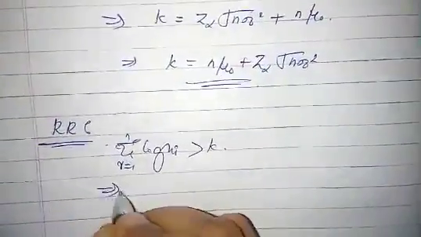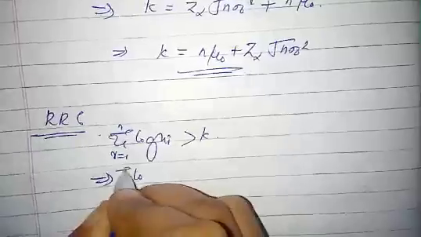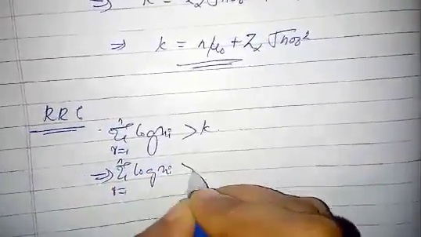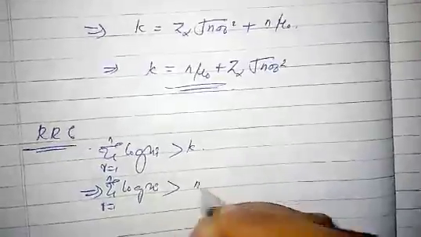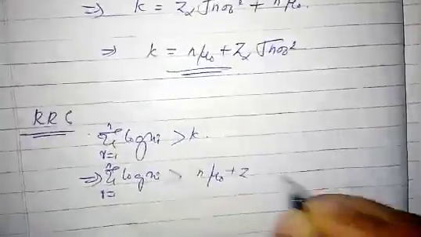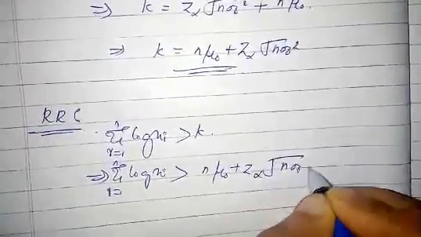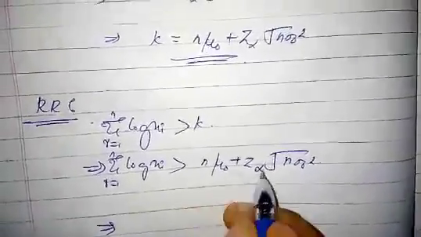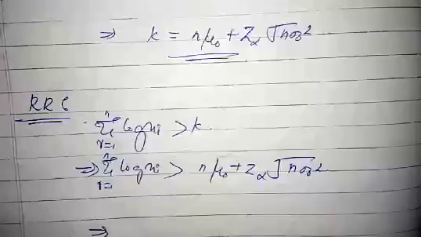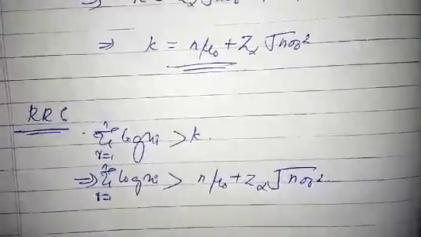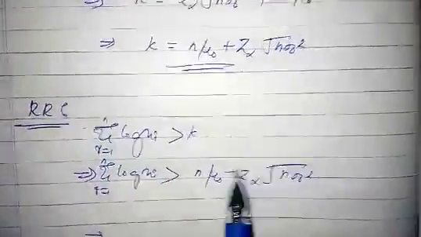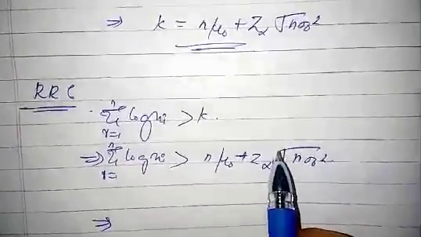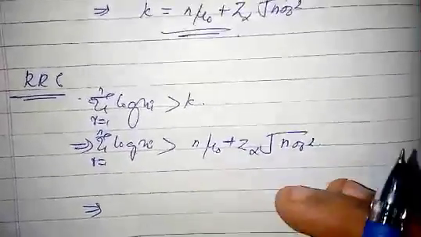Which implies summation log xi, i from 1 to n, is greater than, what is the k value here? The k value is n mu naught plus z alpha square root of n sigma naught square, right? So we can use the standard normal table to find the critical region.